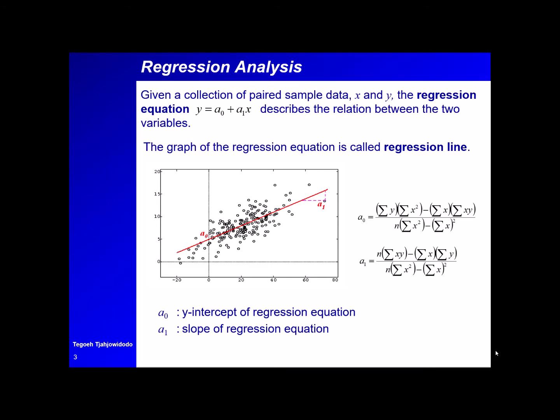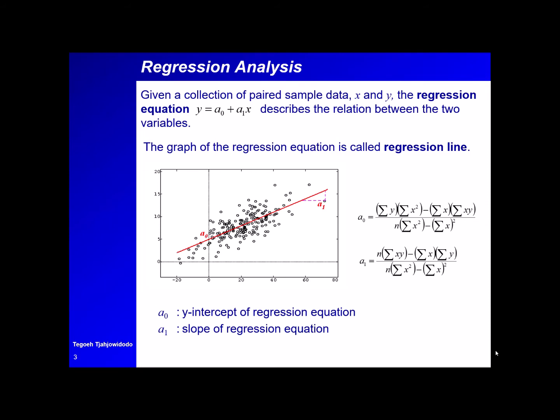If we want to regress it with a linear line, we have to find a line where the error between the data and the output represented by the regression line is the minimum.